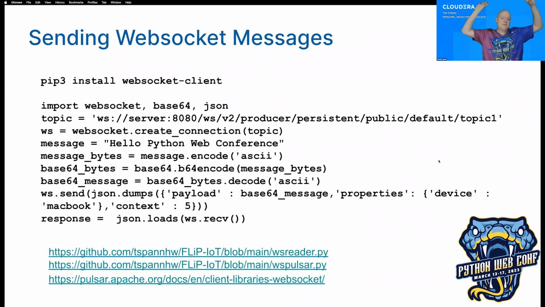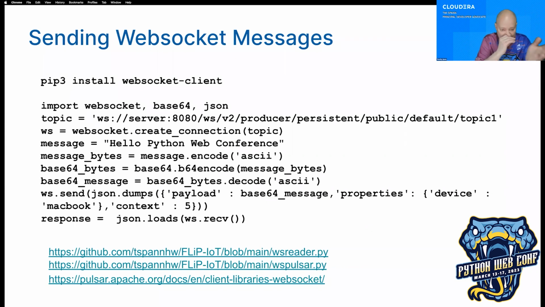Now, if I want to send messages via WebSockets, again, very easy in Python. Install that WebSocket client, import it. Now, there's one thing specific to Pulsar. It needs to base64 encode the actual message that's part of that WebSocket communication.